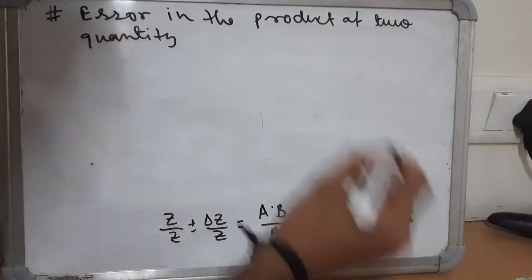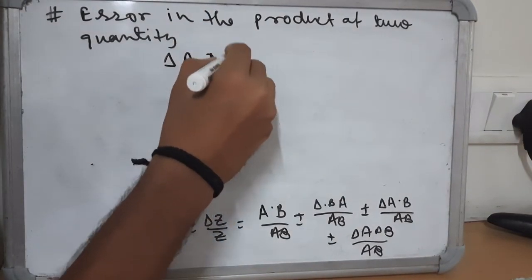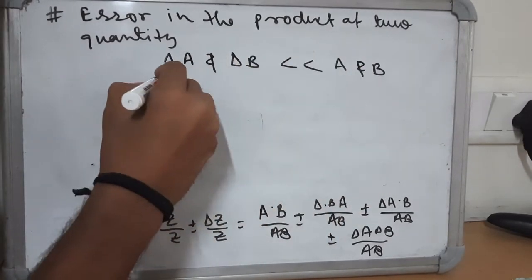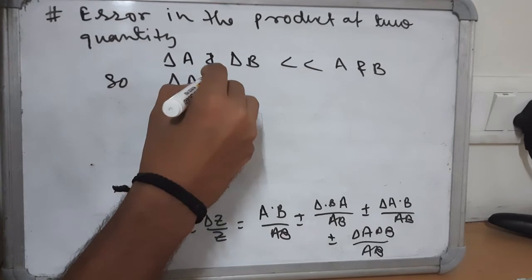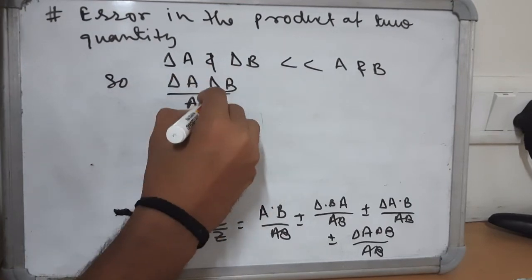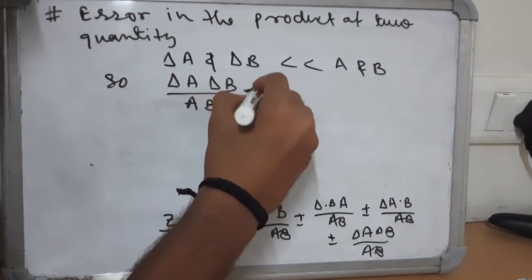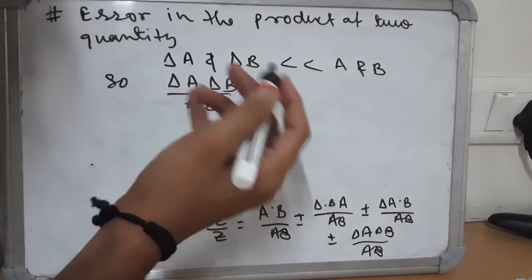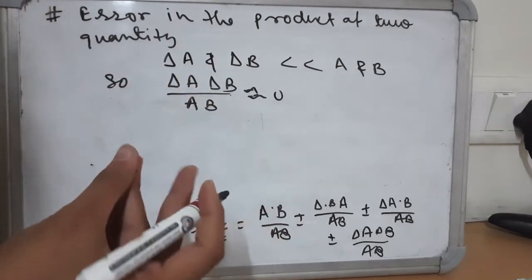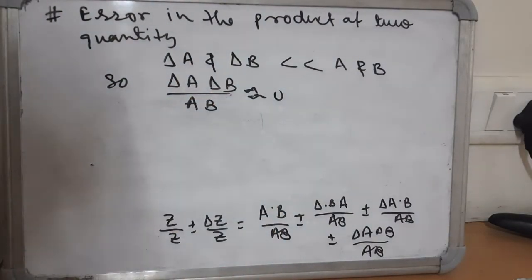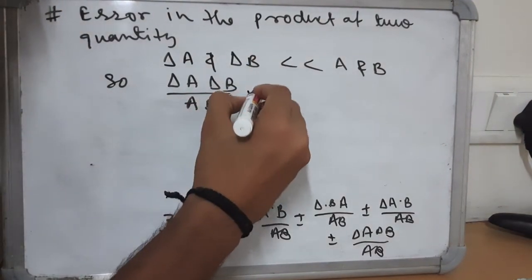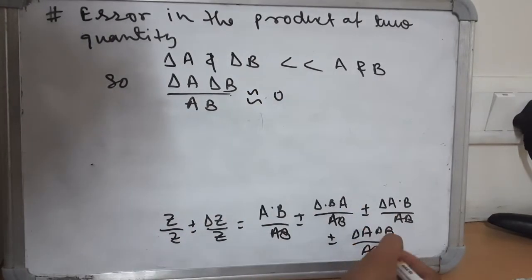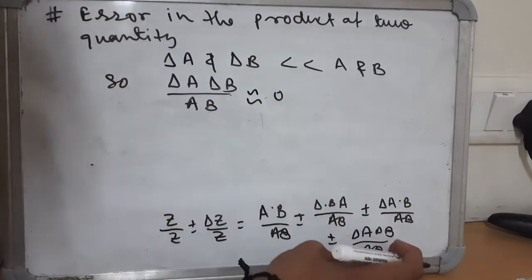Here delta A and delta B are very small compared to A and B. Whenever we multiply two small quantities, it becomes even smaller, and if we divide a small quantity by a very large quantity, our result will tend to 0. So we can write delta A delta B upon AB is nearly equal to 0. So this quantity can be neglected as it is equal to 0.